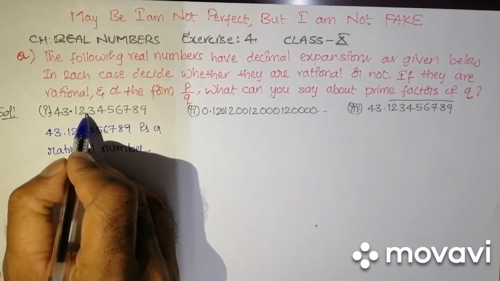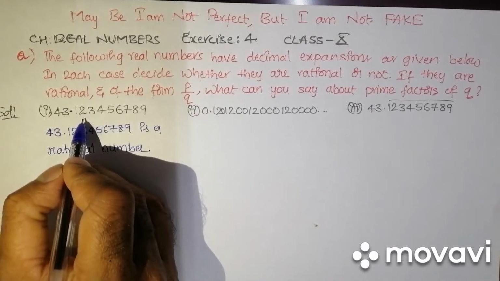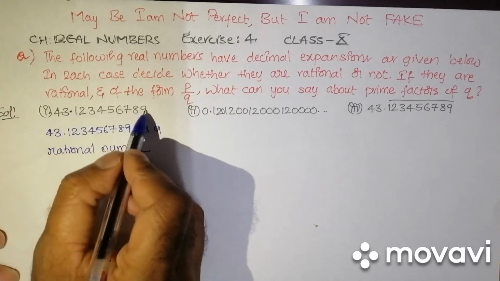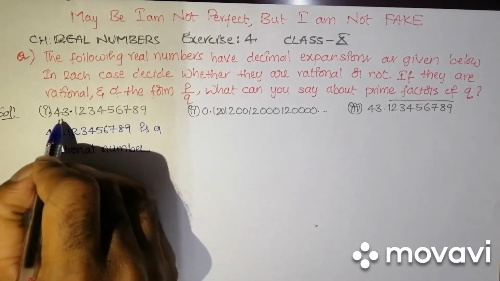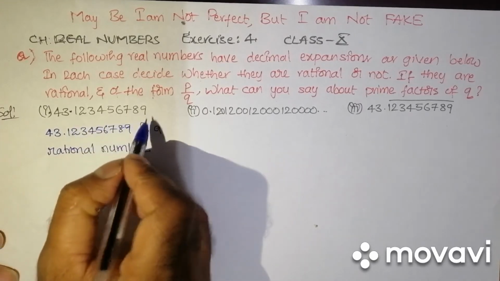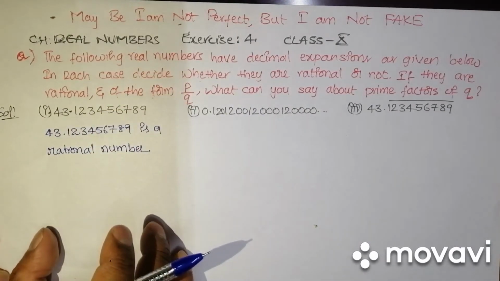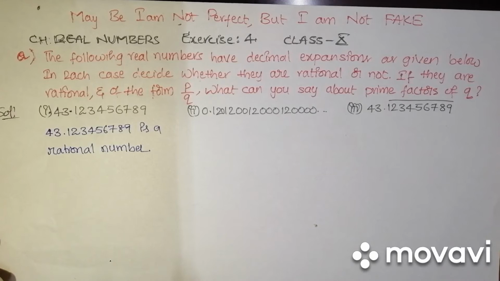If you want to place a decimal point after 2, then you have to divide the whole number by 10 squared. If you are moving the point to the edge, then it has to be divided by 10 to the power of n, where n will be the number of decimal places. Meaning you are converting the number into a decimal fraction, where the denominator contains 10 or 100 or 1000 or 10,000, like that. Simply to say, the denominator will be of the form 10 to the power of n.